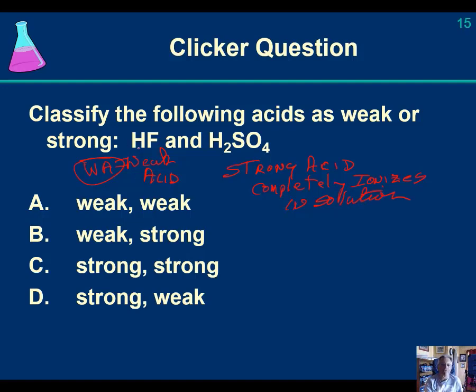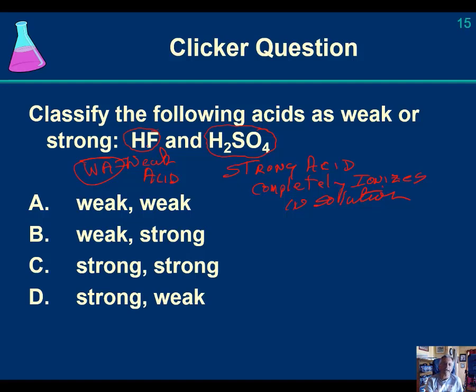Well, HF is a weak acid, so I'm going to give you a choice. I've got what we call concentrated hydrofluoric acid and concentrated sulfuric acid. This is battery acid. You find this in the batteries of car batteries. It's the electrolyte for car batteries.